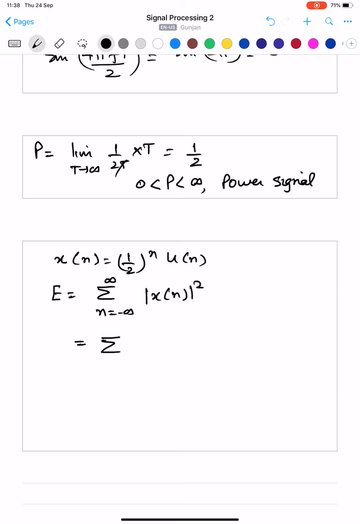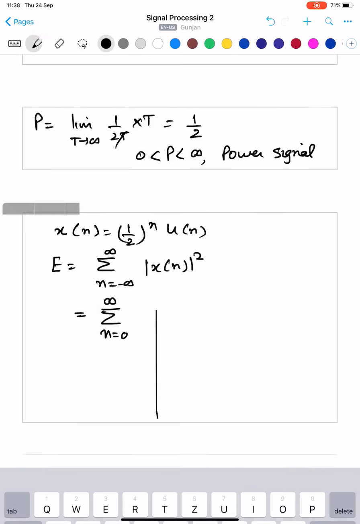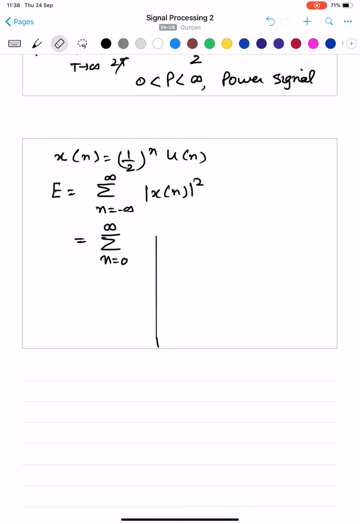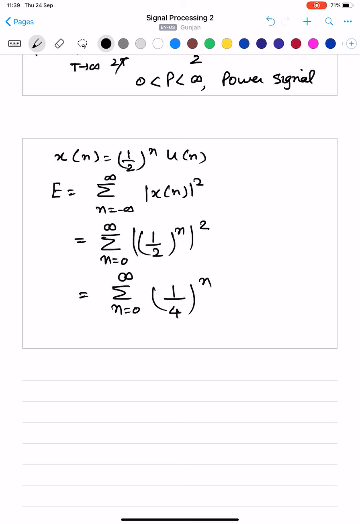So as u of n is defined from n equals 0 to infinity, the limit of summation changes to 0 to infinity, and the modulus is (1 by 2 raised to the power n) whole squared. So it will be summation n equals 0 to infinity, 1 upon 4 raised to the power n.